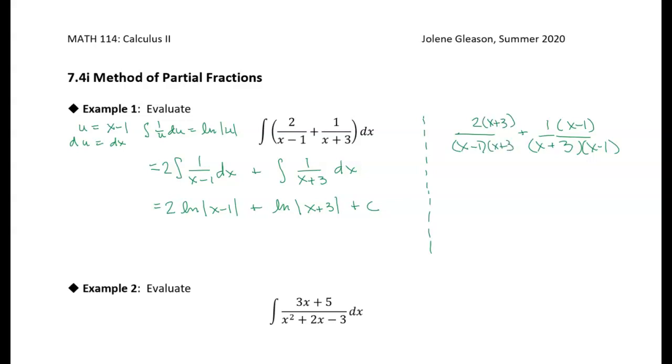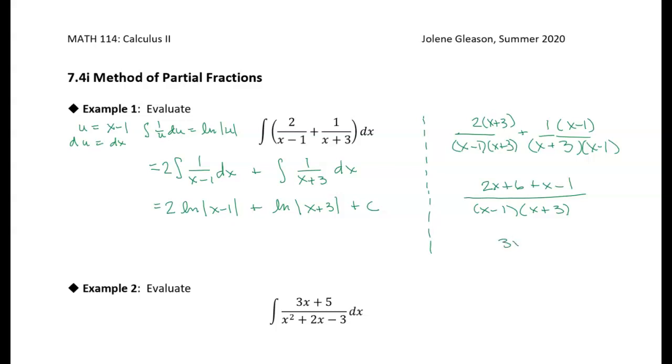When I multiply that out, I'll get 2x plus 6 in the numerator, and then plus x minus 1. All of that will be over this common denominator of x minus 1 times x plus 3. Then I can combine these terms in the numerator.